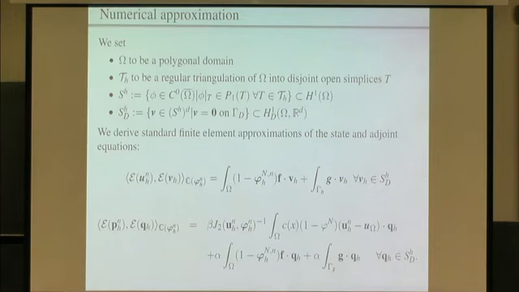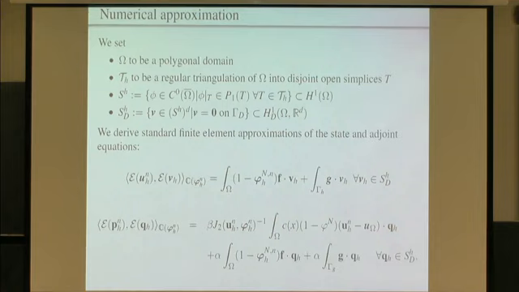So numerically, what do we do? For simplicity, set our design domain omega to be a polygonal domain. We have a regular triangulation, and S_h is the set of all phi which are piecewise affine on each triangle. Corresponding to our elasticity variable, we introduce a space S_h^d, where d stands for the dimension of the problem, such that V is in S_h^d, and we wish V to be equal to 0 on the Dirichlet parts of the boundary where we fix the domain.